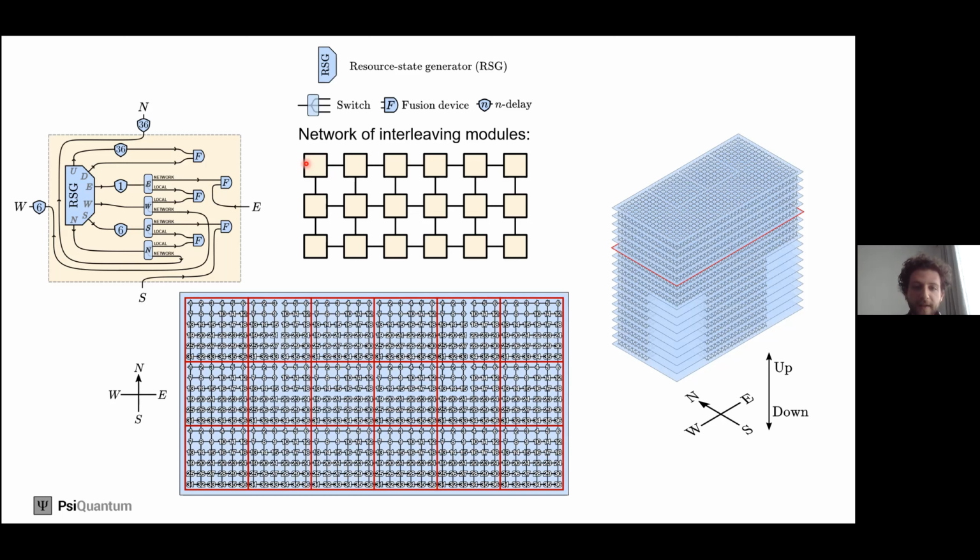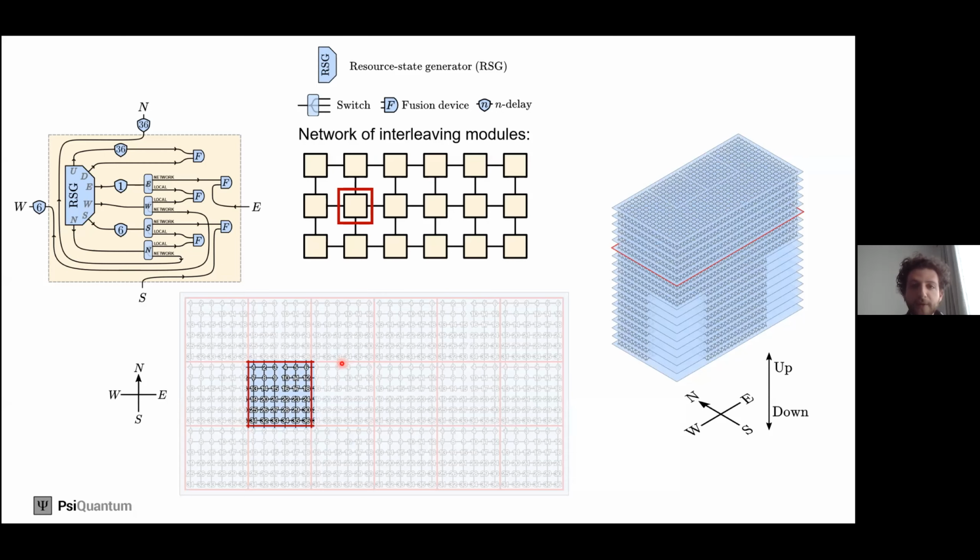And here, the top left resource state in each square will be generated first, and the bottom right resource state will be generated last, going from left to right and line by line, essentially. So we're sort of like 3D printing this lattice. There are 36 resource states in each square, so executing these instructions of one layer will take 36 RSG cycles.